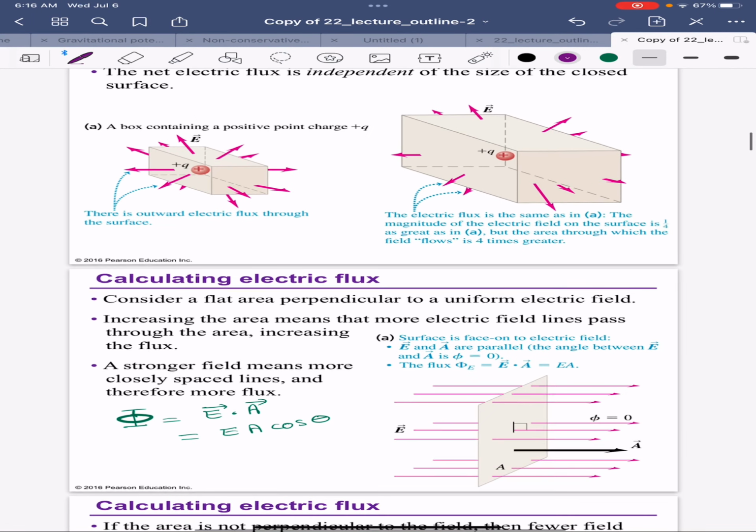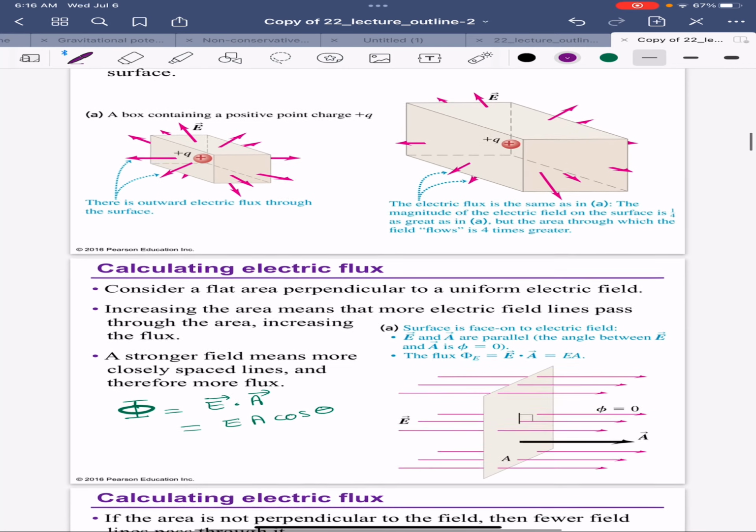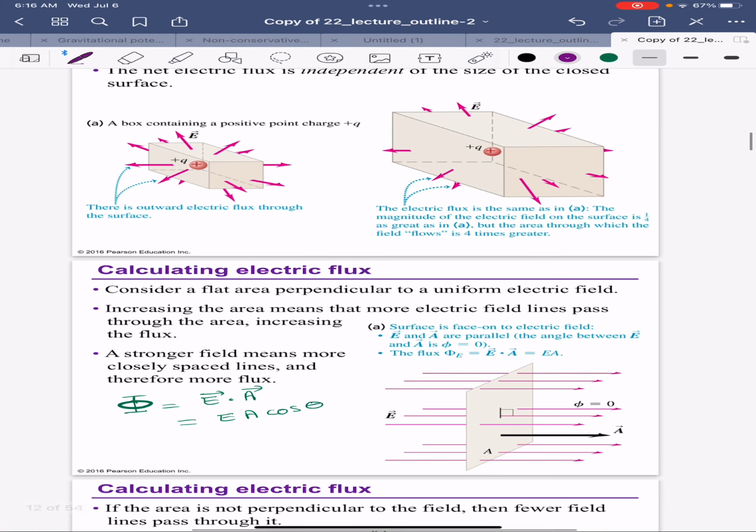Now, in order for us to calculate the flux, we are going to consider a flat area that is perpendicular to a uniform electric field. Then we say phi, which is the flux, equals E dot A. Remember, this is the dot product that results in a scalar quantity.